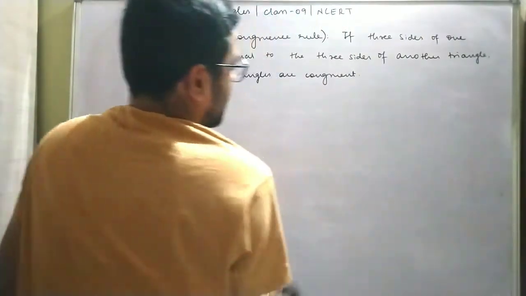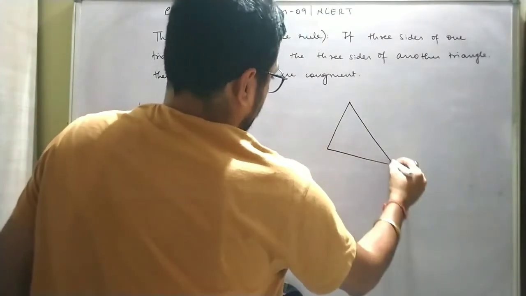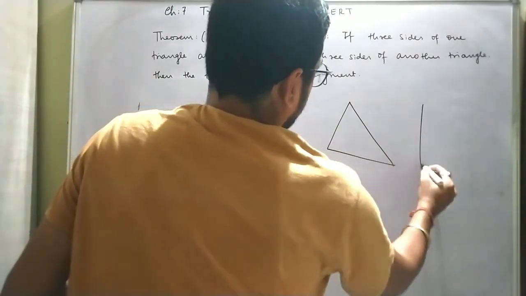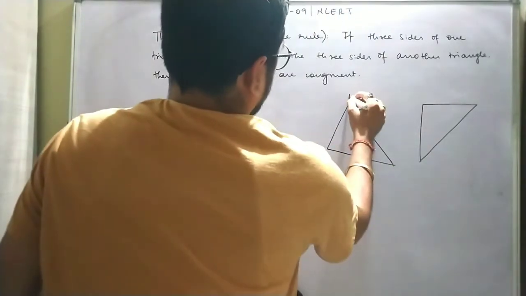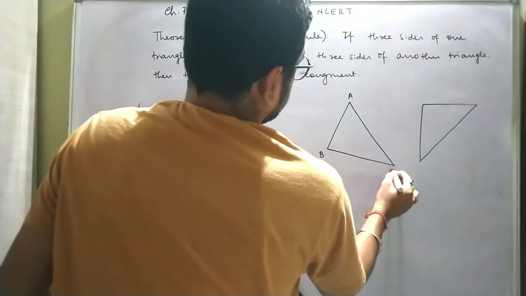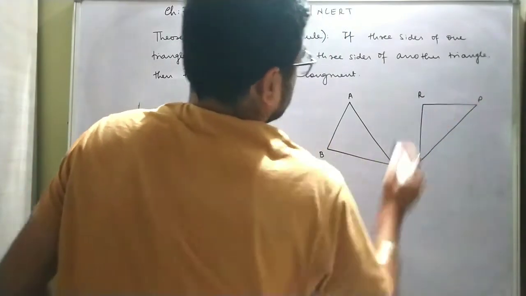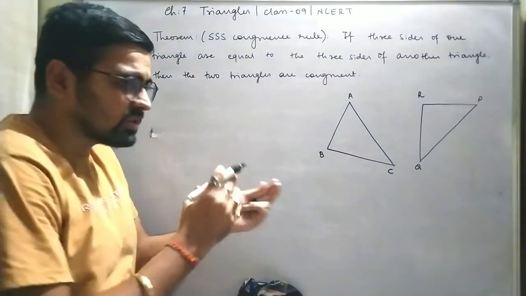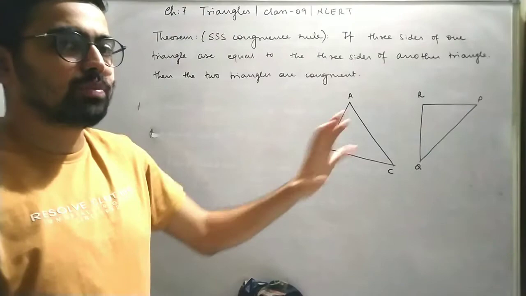Let me draw two triangles. Let's say this is one triangle and this is another triangle. Let's say this is ABC and this is PQR. I will try so that you don't directly see ABC and PQR.